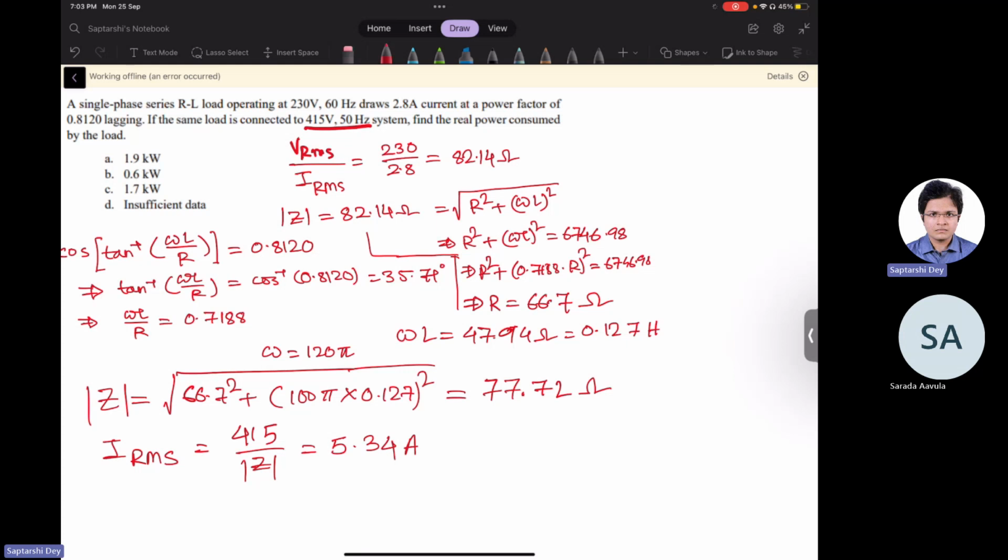That power loss we have been asked to find out. So it's simply I squared times R. So this gives us 1901 watt. This is around 1.9 kilo.